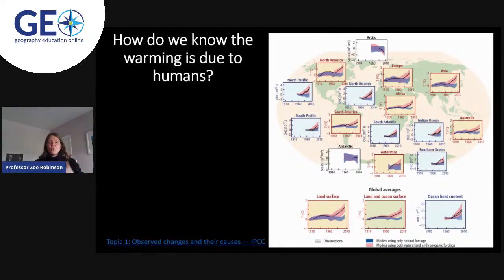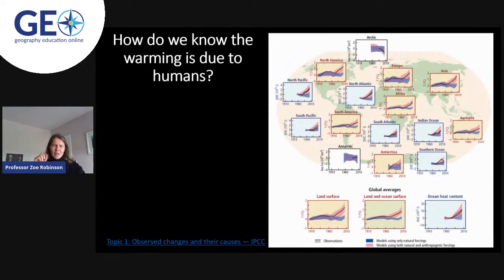So our really detailed climate modeling shows us we can only recreate in our computer models the temperatures we observe if we include the impacts of human activity and the release of carbon dioxide and other greenhouse gases into the atmosphere.